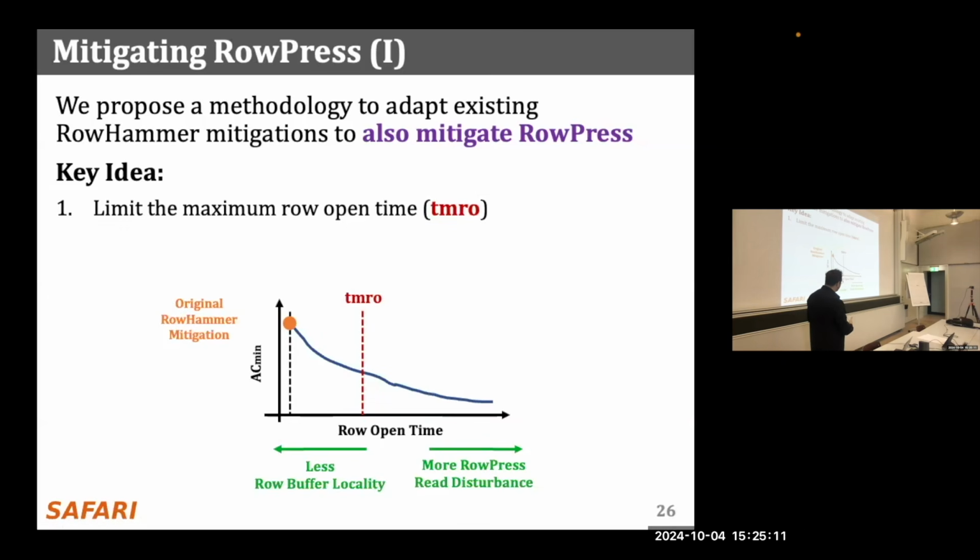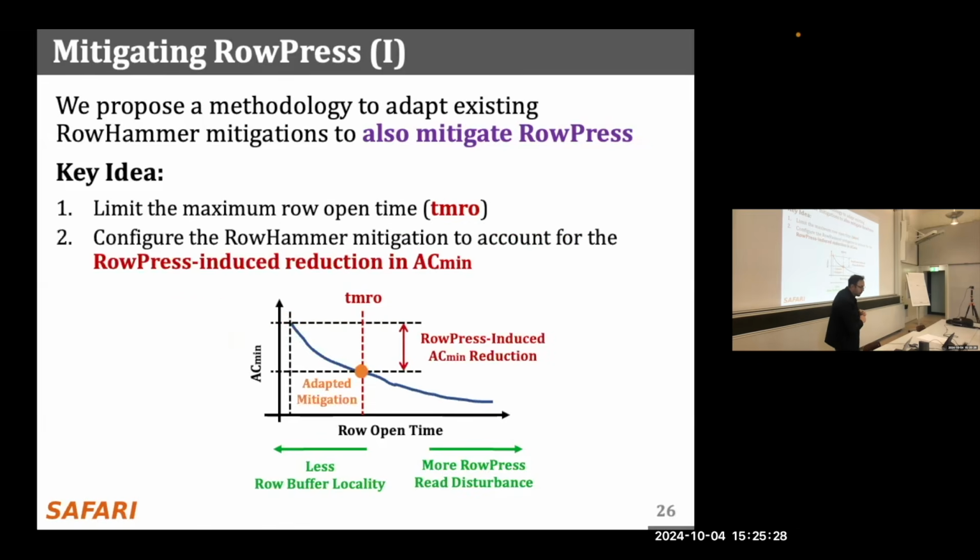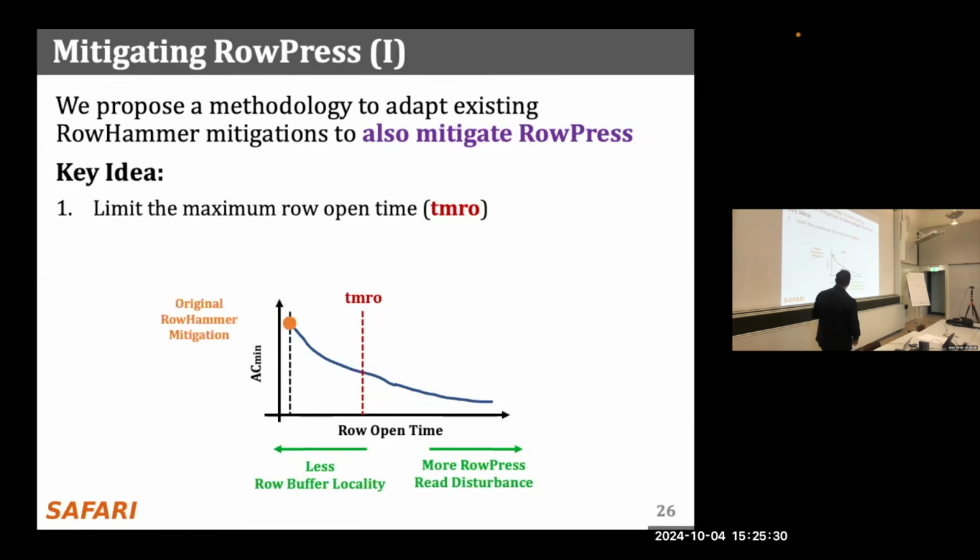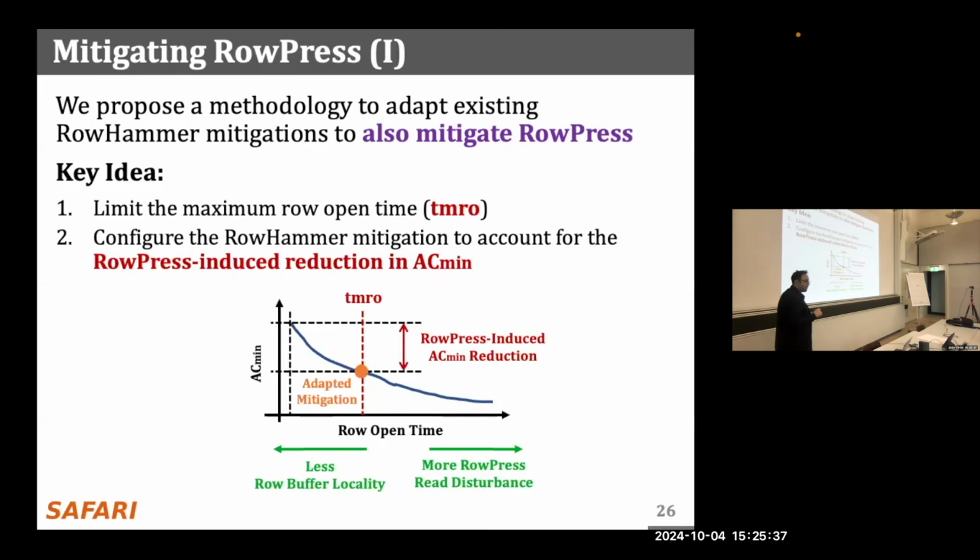When you go right, it means more row buffer locality, more RowPress, and you have more disturbance. On the y-axis, we see the minimum activation count to induce the first bit flip. This is a cartoonish picture of how it changes based on the experimental data. So instead of configuring your RowHammer mitigation mechanism at this orange point, what you can do is limit the row open time by changing the row policy in your memory controller.